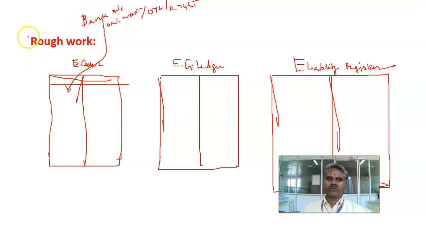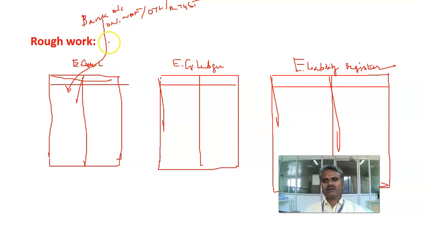So you have to maintain one separate bank account in the name of your business. Once you register, you have three different ledgers or registers: the electronic cash ledger, the credit ledger, then the liability register.